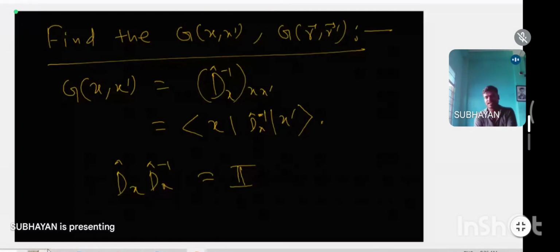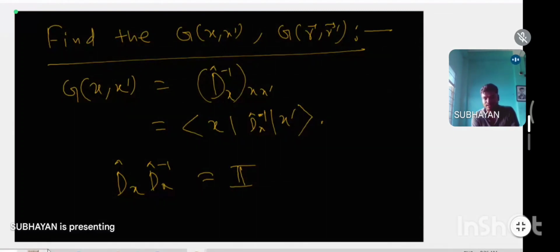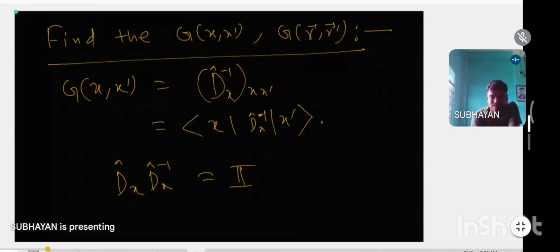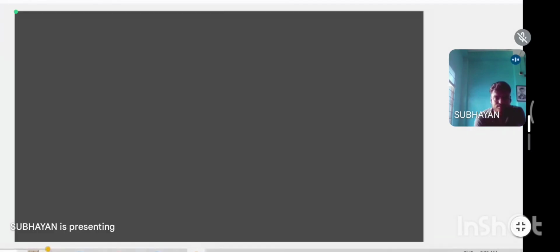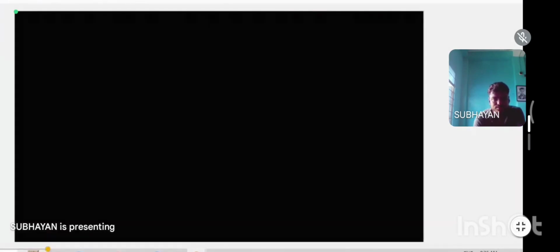Any matrix and its inverse matrix, when multiplied, give the unity matrix. So D(x) and D(x) inverse will equal I. So now, D inverse of x prime, which will be <x|I|x prime>.